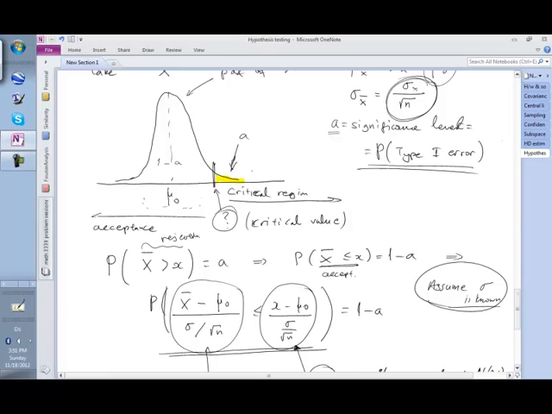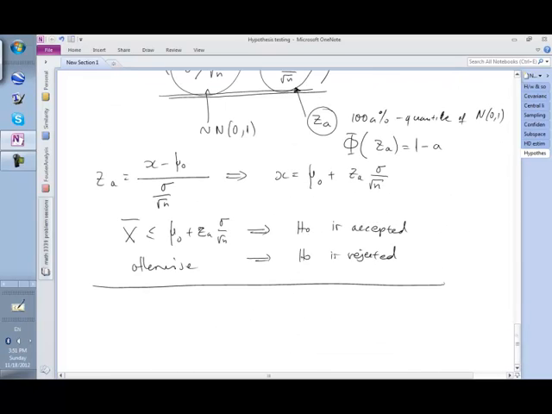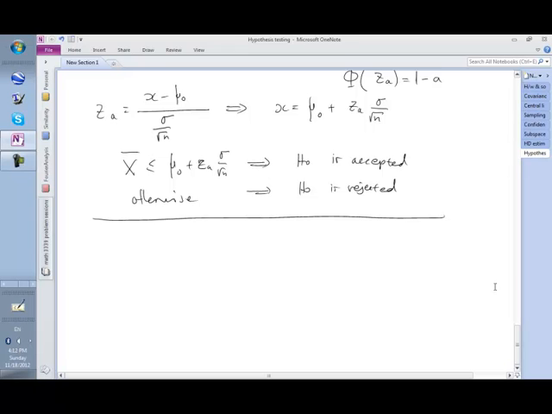Now let's see what the beta is going to be. Now I want to see how I can calculate the type 2 error. Well, the type 2 error is not an absolute value. It's something that actually depends on what the mean is.